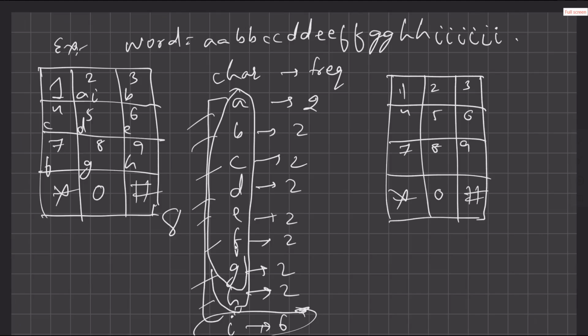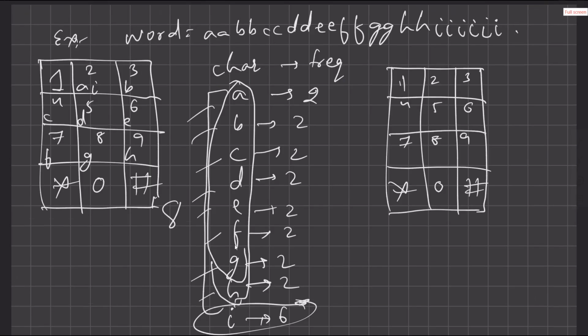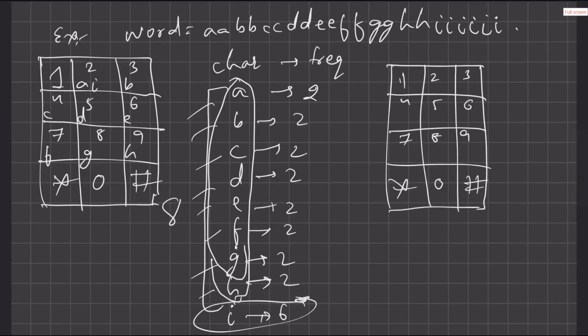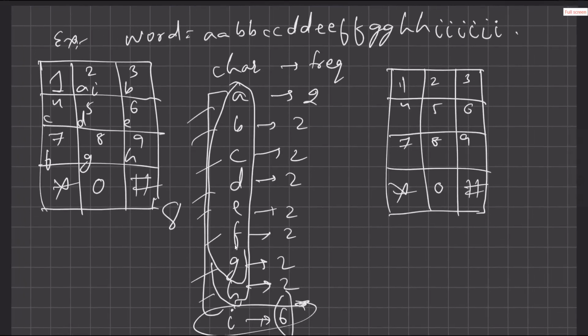So first thing first, I'll see the frequency of the characters. The character which has occurred more times, that character I'll try to place on the keypad phone first. The reason being, since that character has occurred more times, we have to reduce its key pushes.